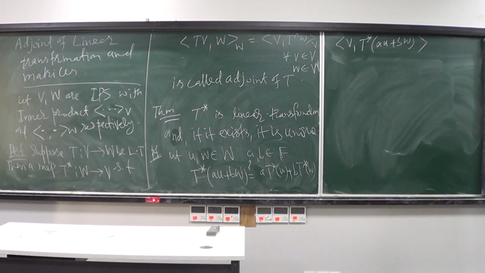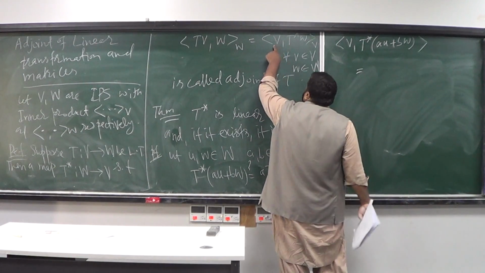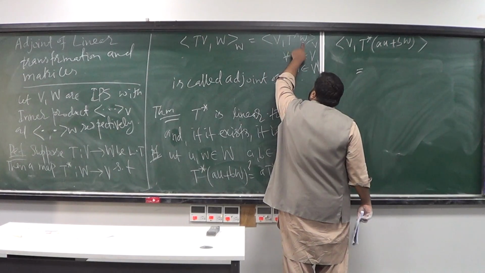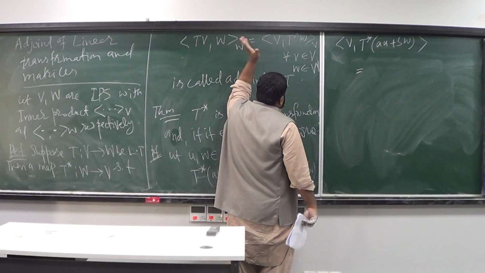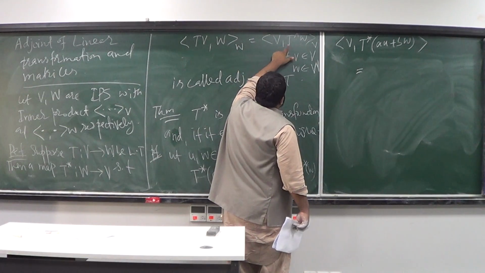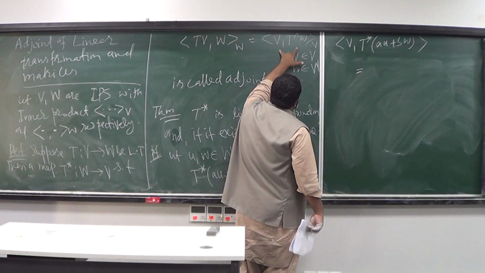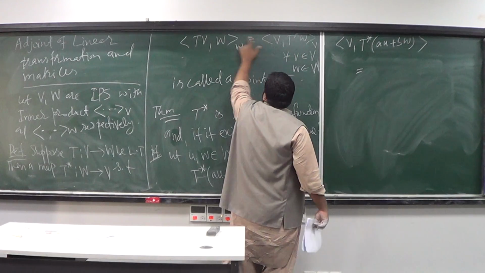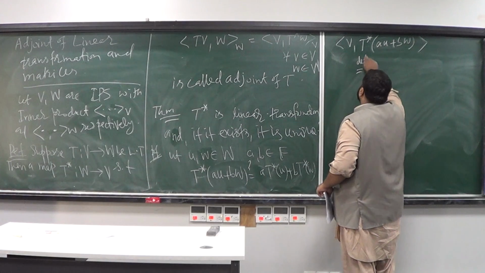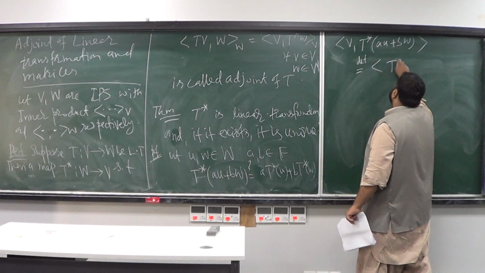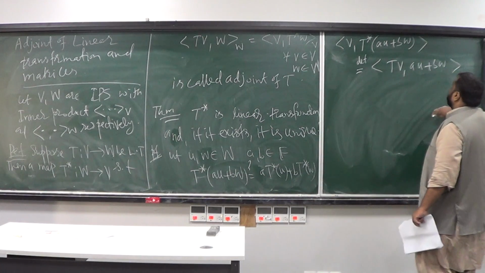Now by this definition, V with T star of W is equal to T of V with W, so roughly you can say that if T goes to the other side, it becomes T actually. So using this identity, by definition, this is the same as T of V with AU plus BW. Okay?